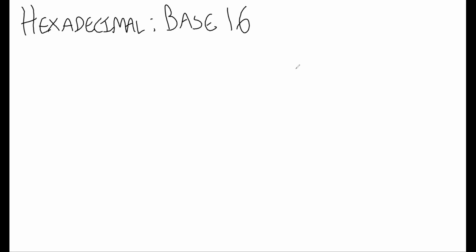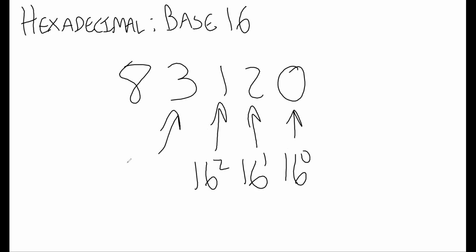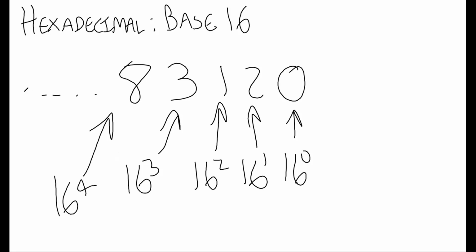It means that if I had a number, the first place is 16 to the 0 power. Then it's 16 to the first power, 16 to the second power, third power, fourth power, and so forth. So the logic in terms of how you determine what the base 10 equivalent is is still the same.